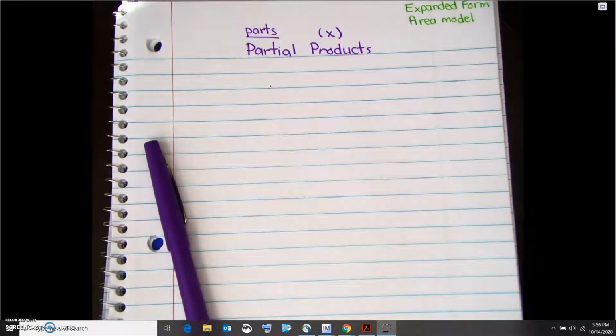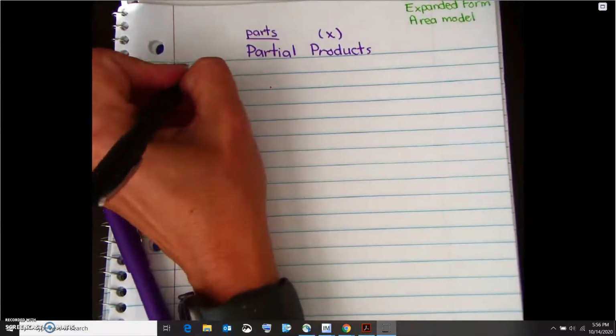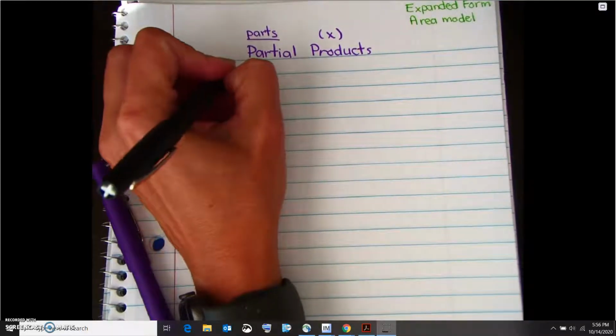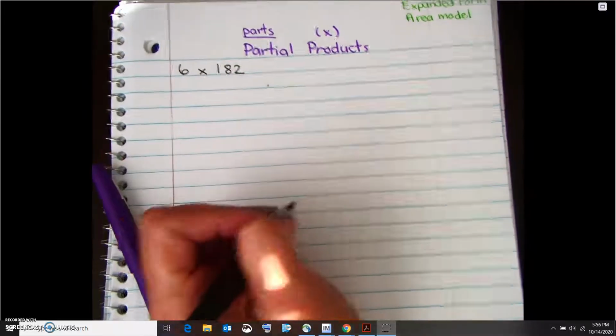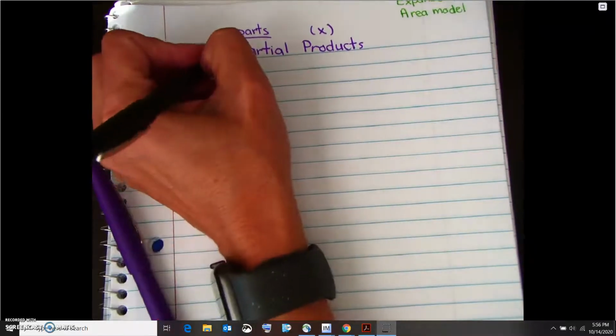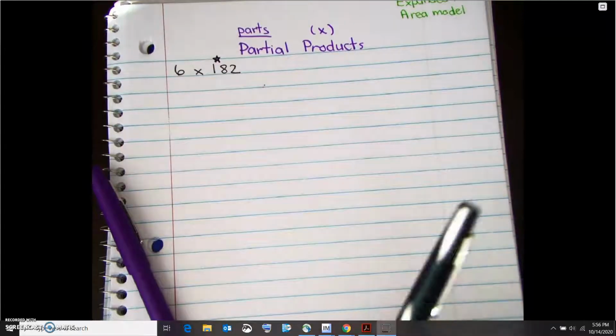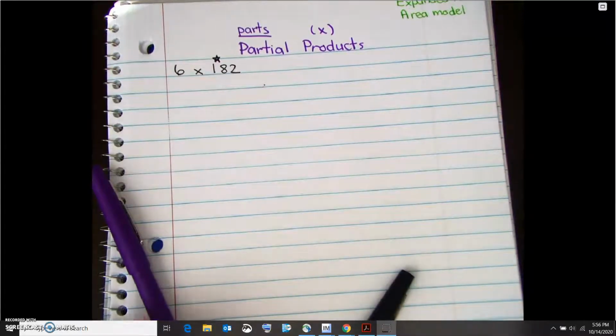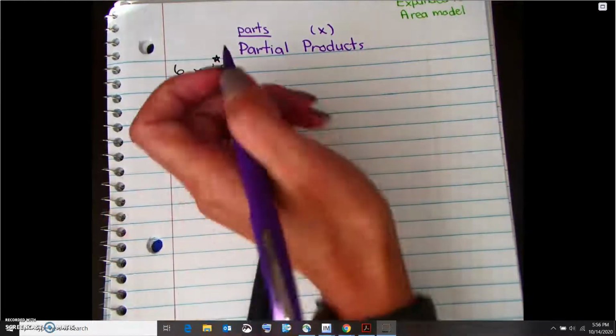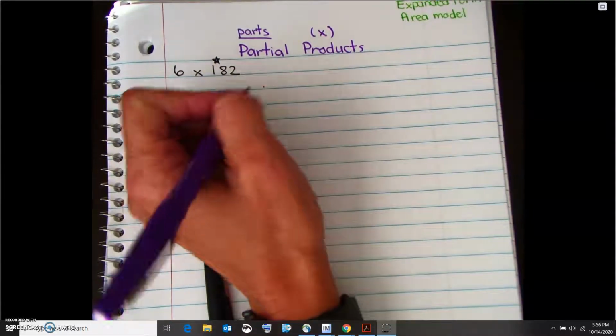All right, so first we're going to start with our problem. So we have 6 times 182. And the first thing that I'm going to do is I'm going to put a star on the one that I'm going to expand. All right, so I'm going to expand 182 to expanded form.